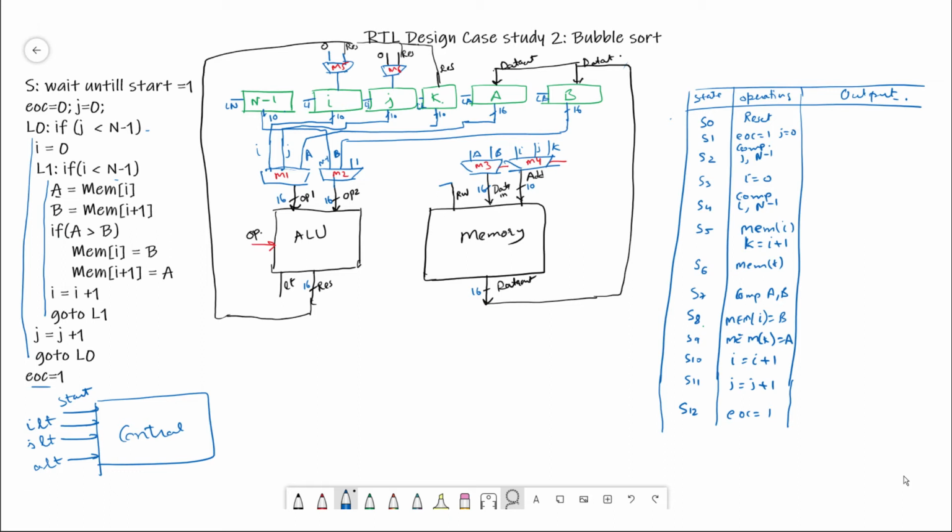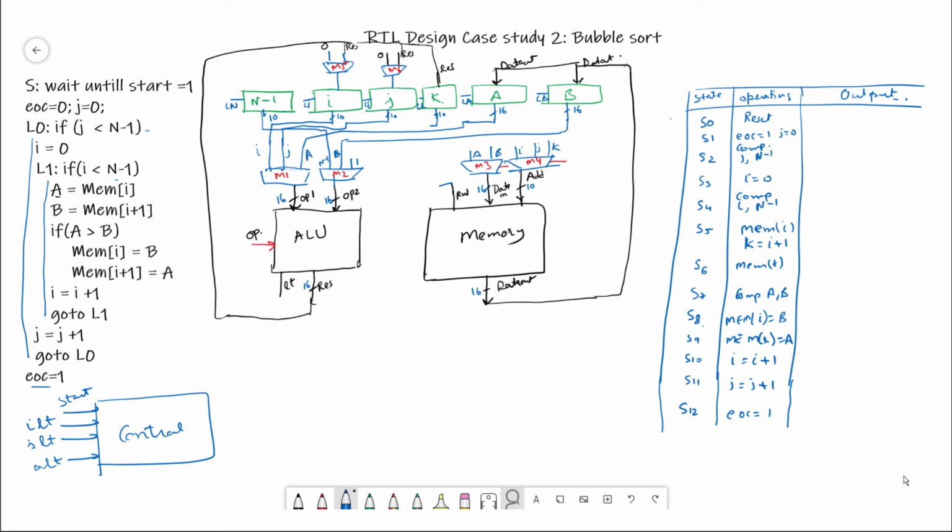For example, when a value should be loaded in register I, Li has to be enabled, Lj has to be determined from this control, Lk, La, Lb, and similarly all the 6 multiplexers M1, M2, M3, M4, M5, M6 have to be controlled by this control unit, and the control unit will also generate the OP signal and the RW signal.